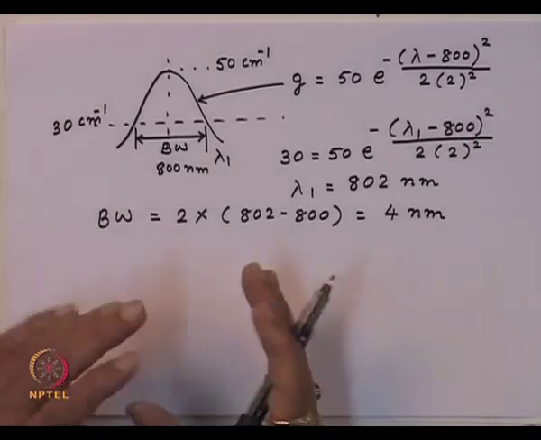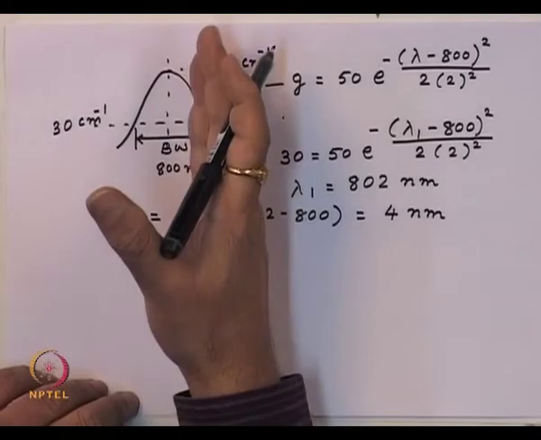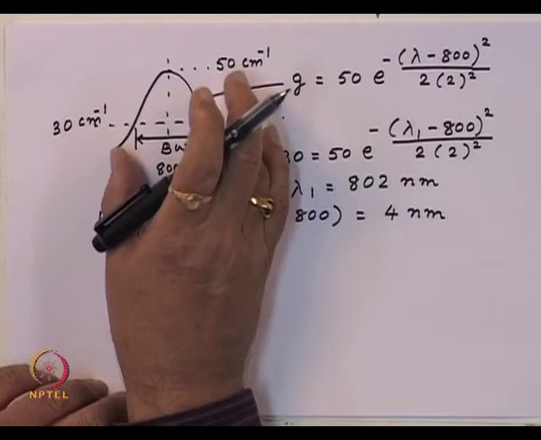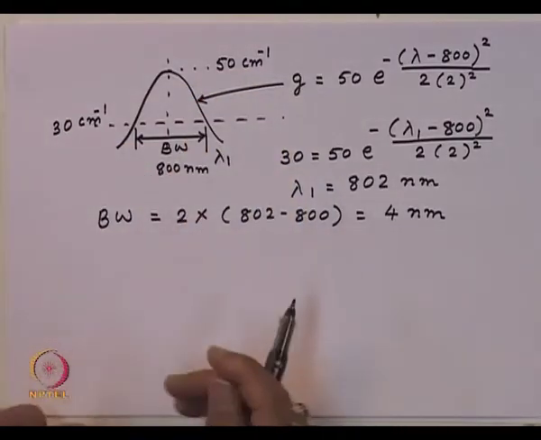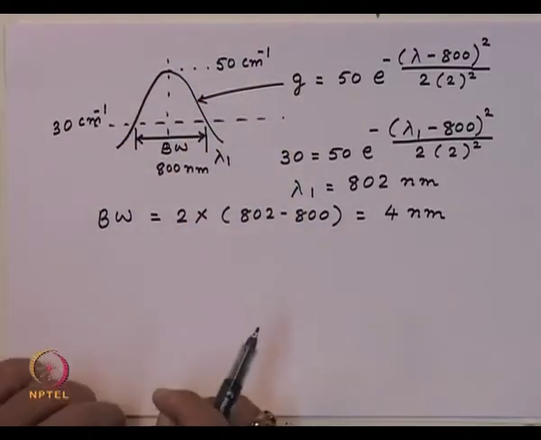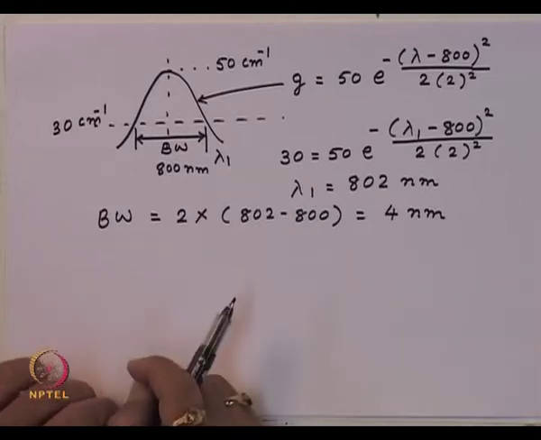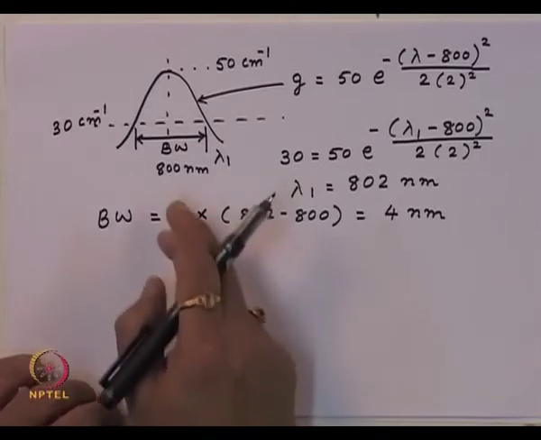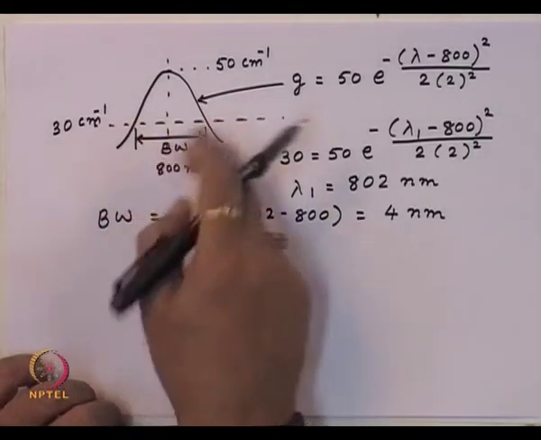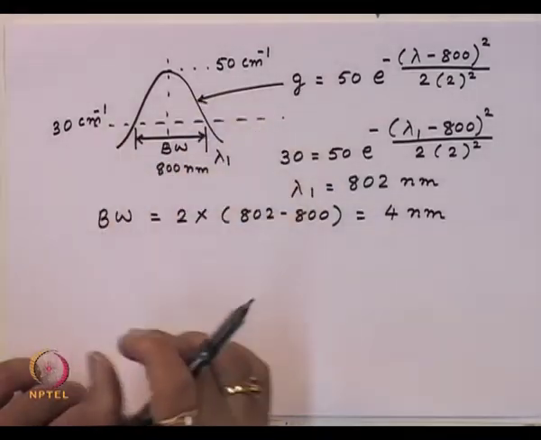We want to find out what is the total number of modes which are going to get excited in this bandwidth. So, again the exercise is very similar. We have to find out the mode separation in terms of wavelength, and if we get that, then we can find out the total number of modes in this bandwidth.